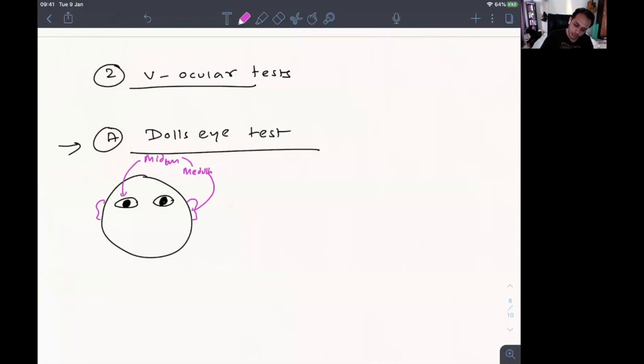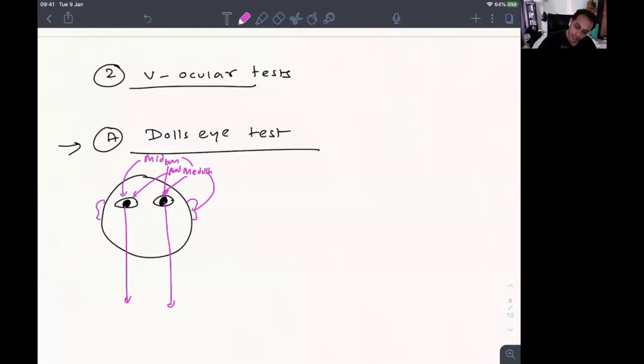And the midbrain and the pons will control the eye movement. So if your head turns to the right, eventually your eyes should also turn to the right, unless your eyes are fixed on a particular point. So if I tell you to pick a spot in front of you and then turn your head right and left, you will be able to maintain your eyes in that position.